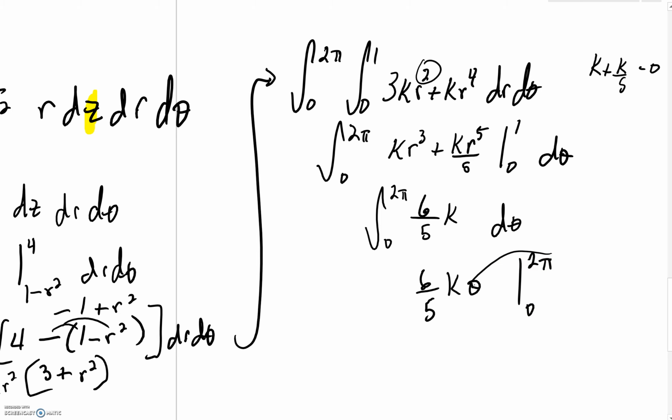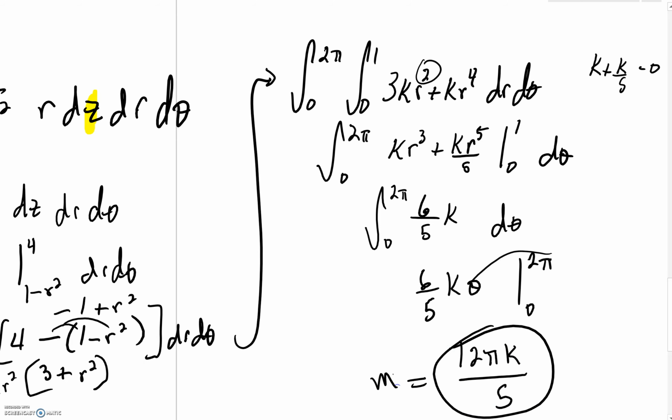Once we plug that 2 pi in, we'll have 6 times 2 pi, which is 12 pi. Of course, you plug in your 0, and you don't have anything. But that's your mass. That's the mass that you'd wind up with. So that's our preliminary work for a problem like that.